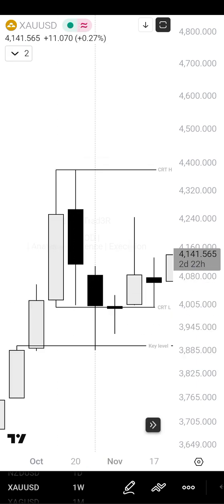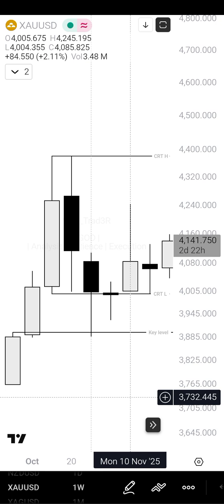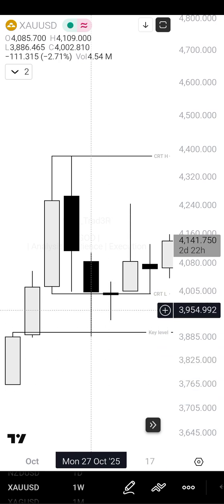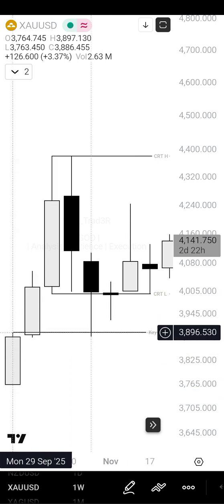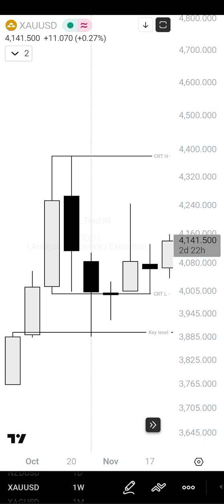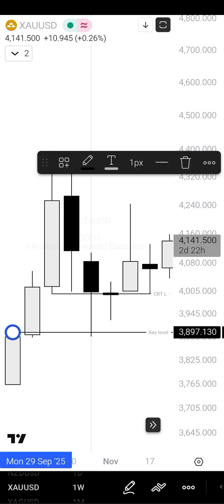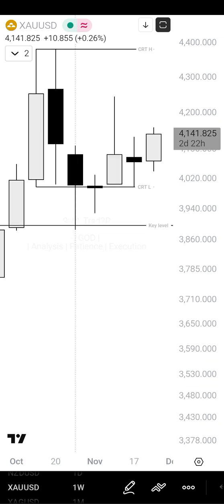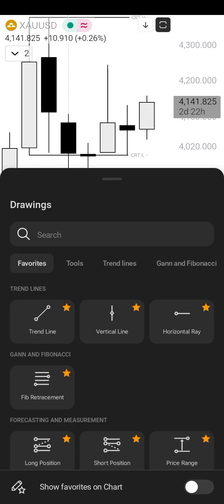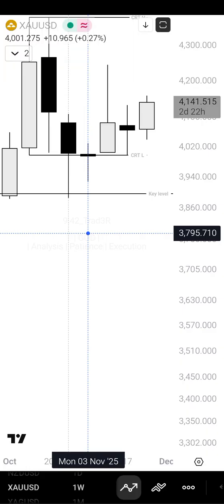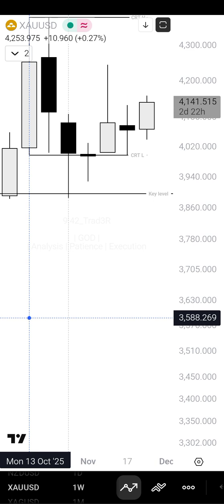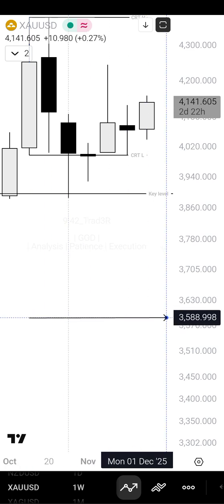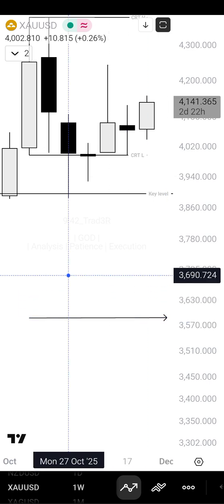Before we go to the lower time frame to explain the manipulation, you can see the key level that was marked out here, which is the weekly fair value gap. So manipulation is simply when you're looking for buys and we have a key level like this.